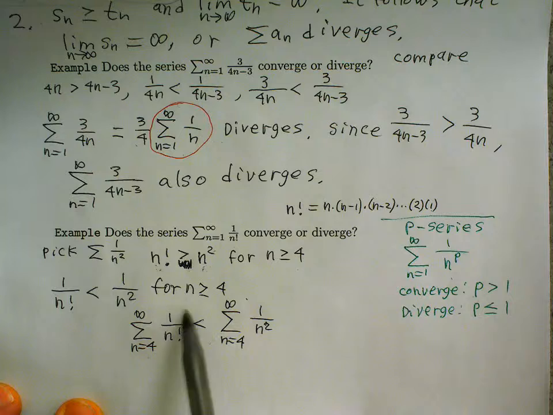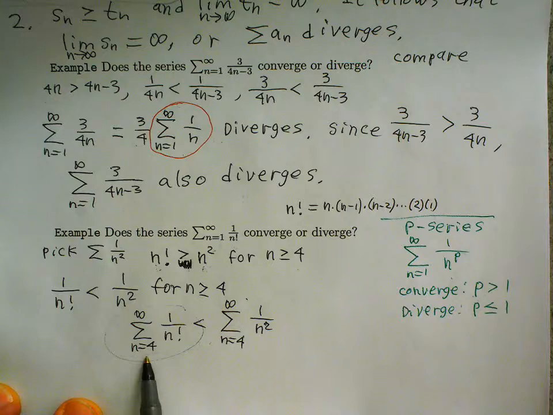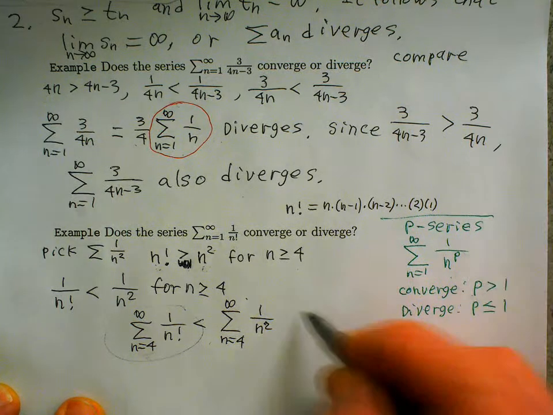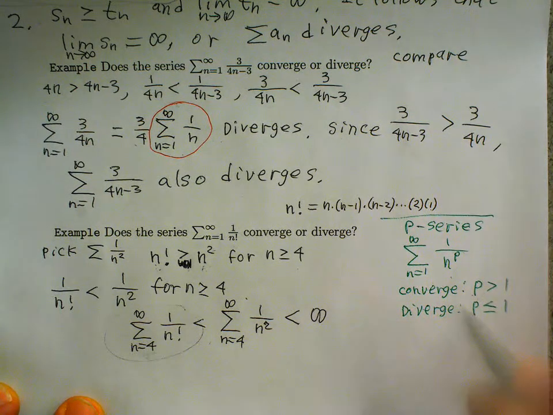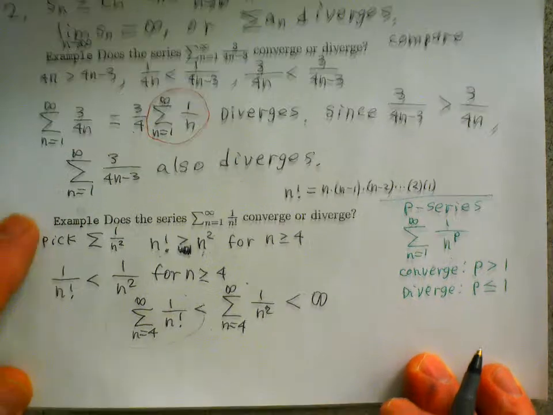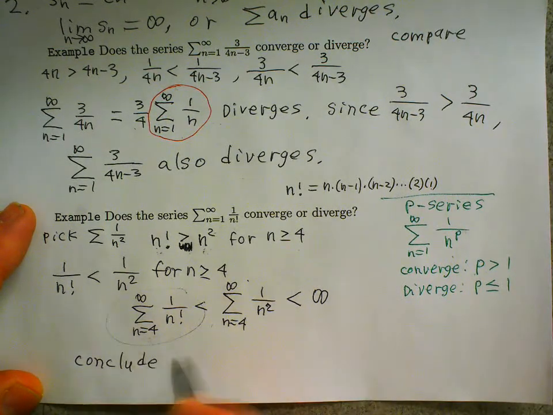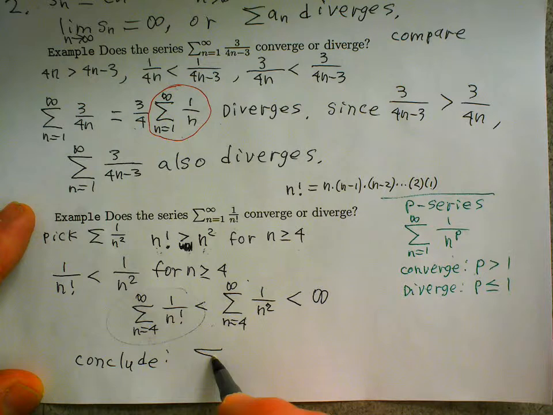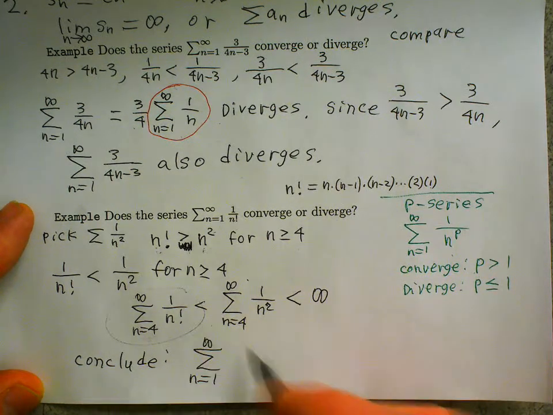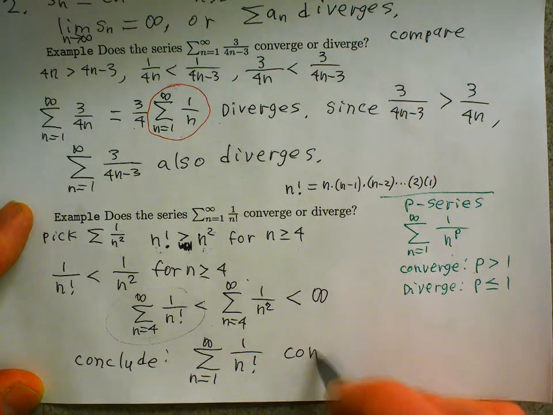So we're just missing a finite number of terms from this one. So if we just add those 3 terms, it's still a finite number. So this is less than infinity. So we conclude that the full series from n equals 1 to infinity of 1 over n factorial converges.